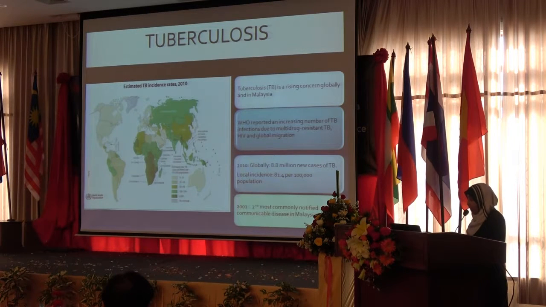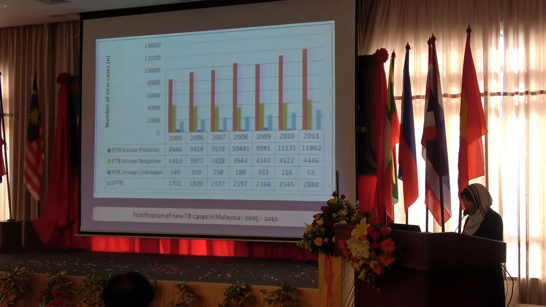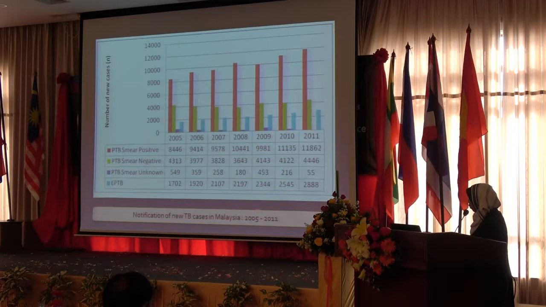And in 2001, in my country, TB was the second most commonly notifiable communicable disease after dengue. So this is from our clinical practice guidelines, whereby the notification of new TB cases in Malaysia was reported between 2005 and 2011. And when we see in 2005, if we total this, it was about 15,000 cases, and this rose to about more than 19,000 cases in 2011.